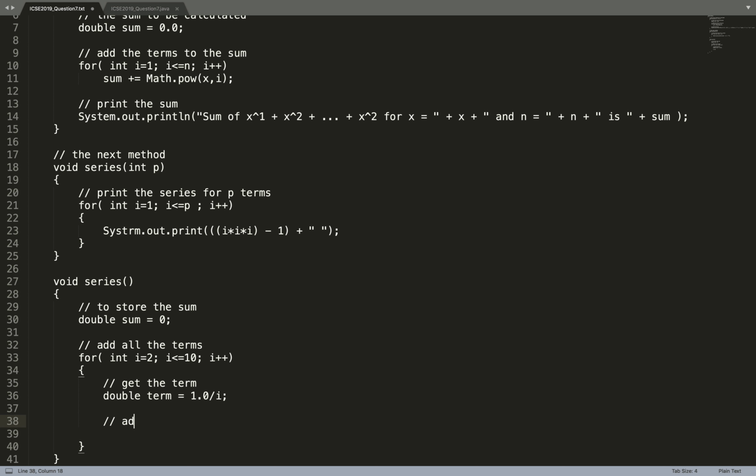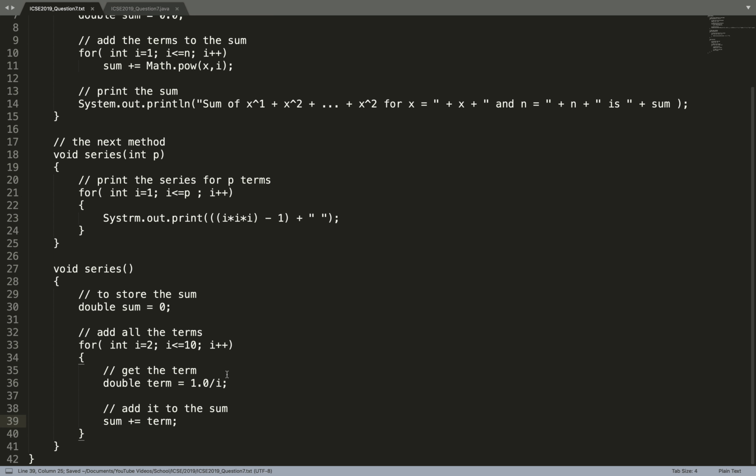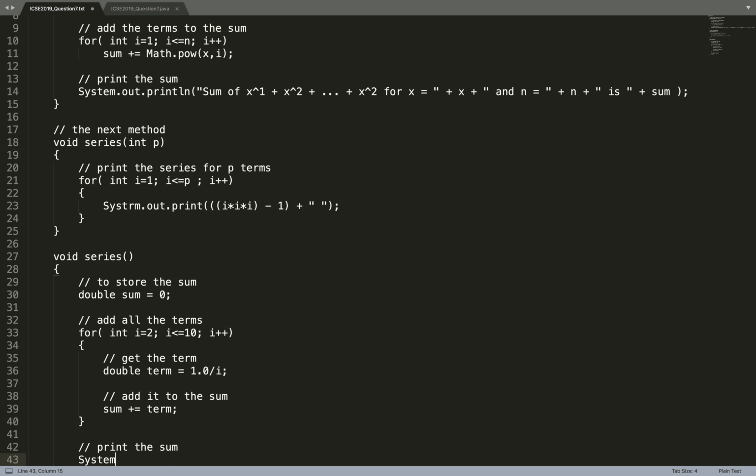Add it to the sum: sum plus equal to term, and print the sum. So System.out.println sum of series 1 by 2 plus 1 by 3 plus ... 1 by 10 is equals to plus sum.